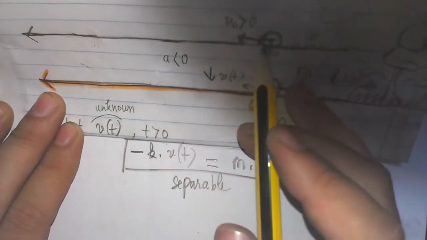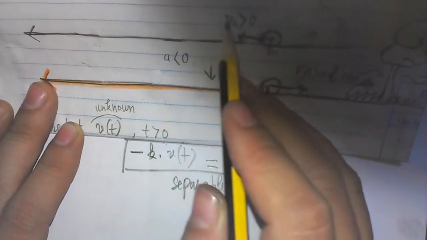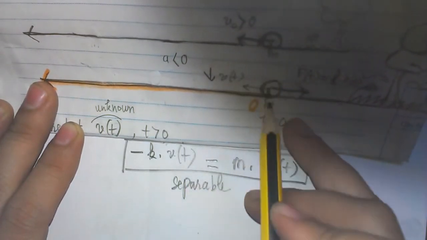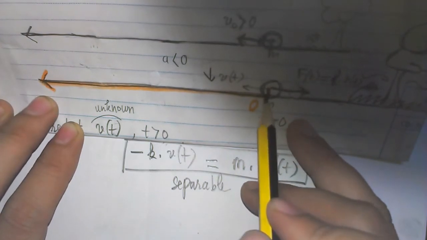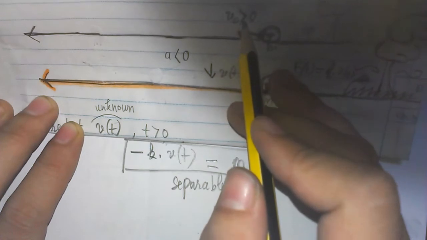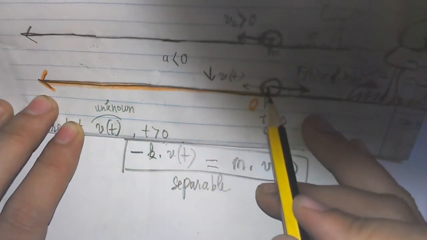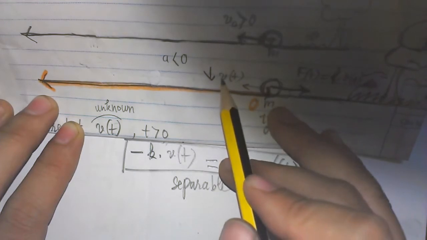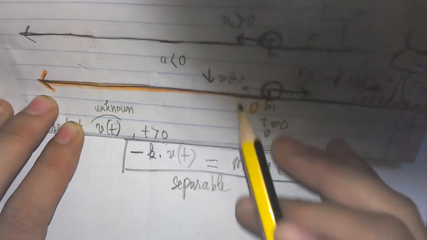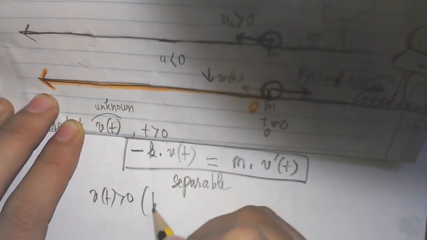Notice that at first the object is moving with a constant velocity, and by choosing a proper positive direction of motion, I have v0 positive, and therefore before the object stops, the velocity here is positive.